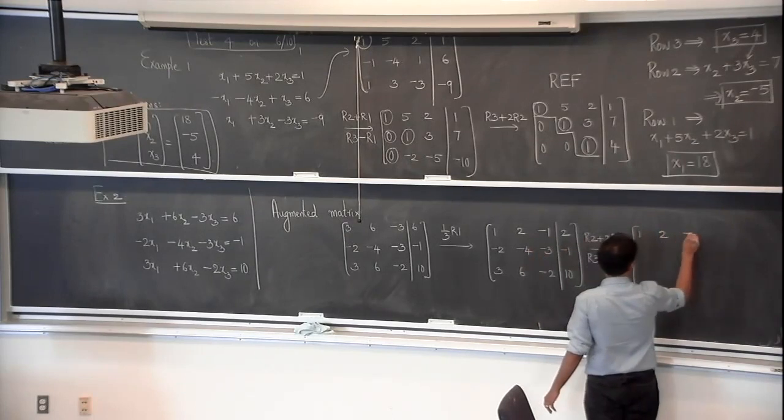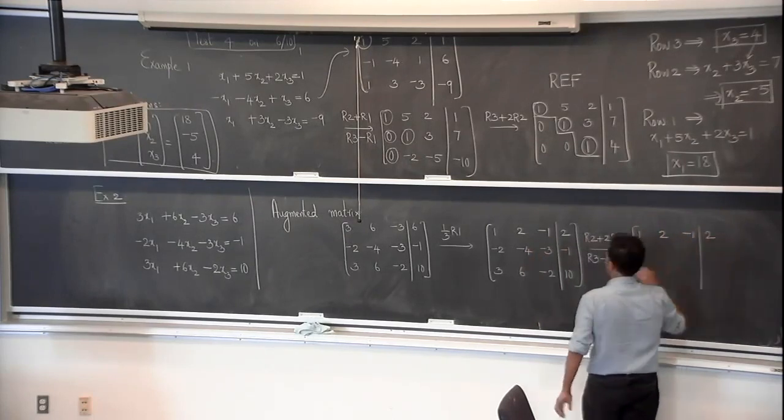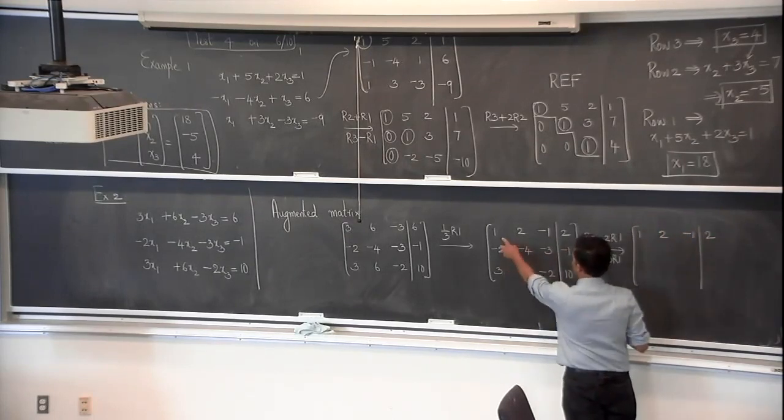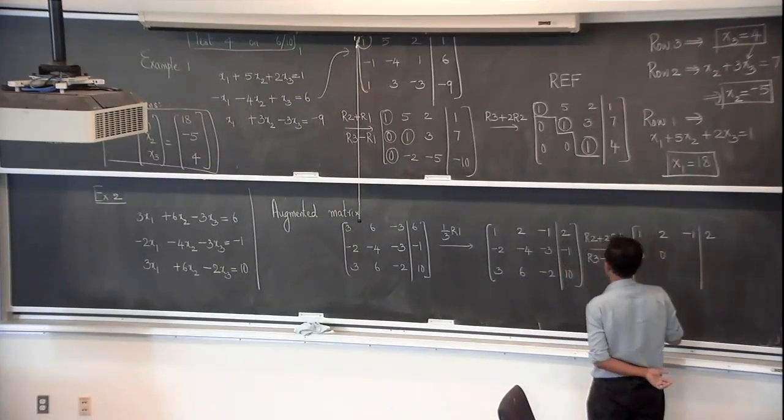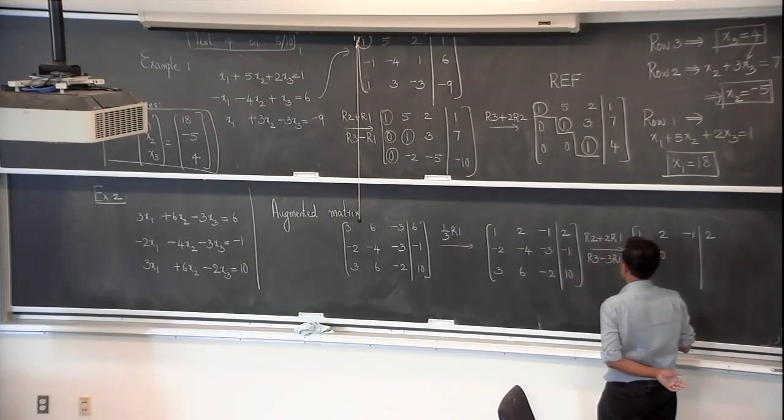1, 2, -1, 2. R2 plus 2R1 would be 0, 0, -5, 3.